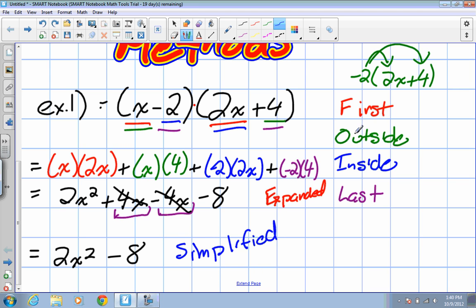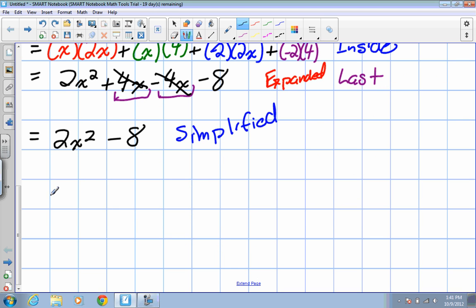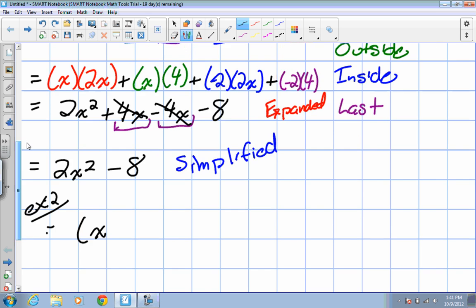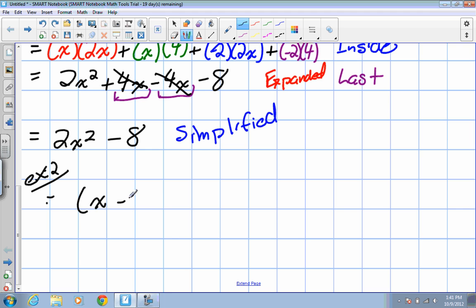We're going to do the exact same question with the rainbow method and tie it together with this. Okay? So, I'll rewrite the question. Call it example 2. It was x minus 2 and 2x plus 4.